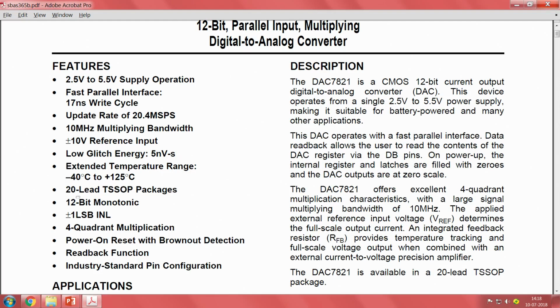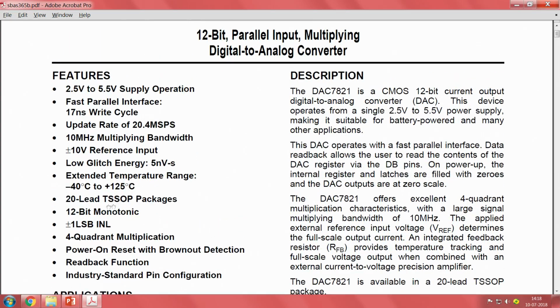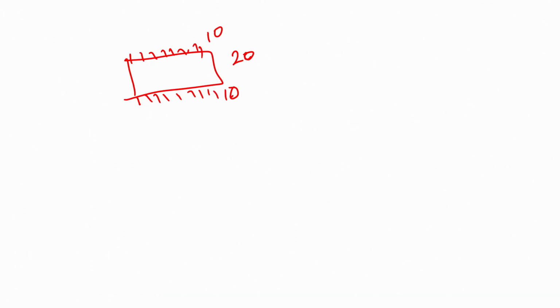When you are making any design, while doing the PCB design, we need to ensure what the package is, and accordingly we have to create the correct footprint on the PCB.